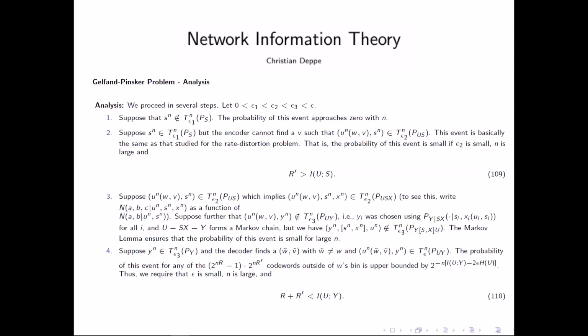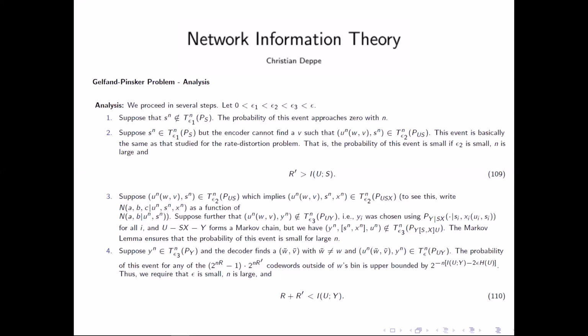In total we have 2 to the nR codewords. So we have 2 to the nR minus 1 times 2 to the nR prime codewords outside this bin. And that this event then happens, we know by our lemma that this probability is 2 to the minus n times the mutual information between U and Y. And so we know if epsilon is small and n is large, then R plus R prime must be smaller than the mutual information of U and Y.